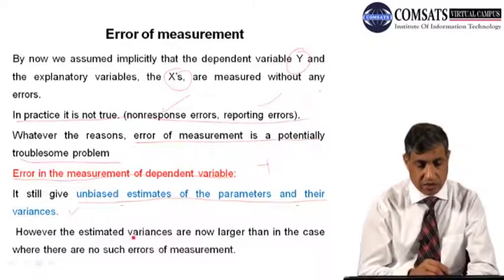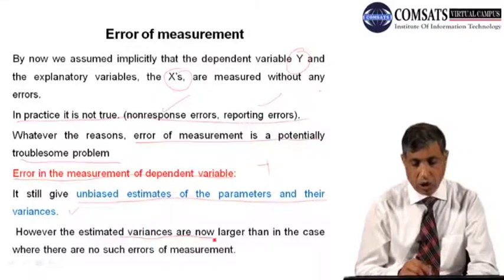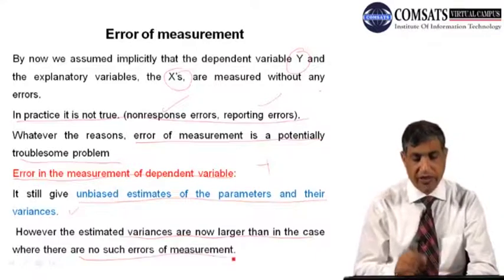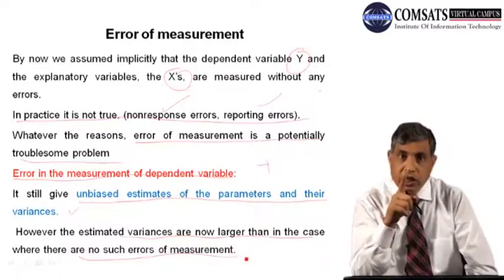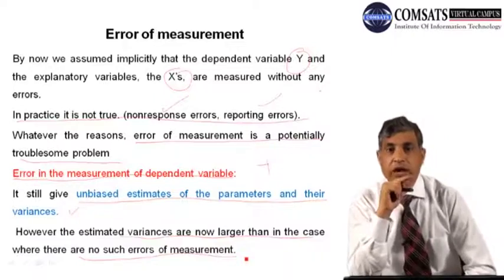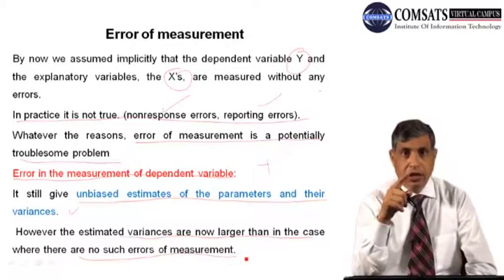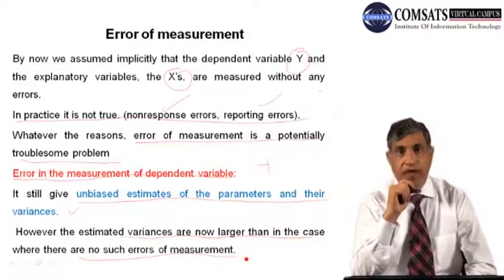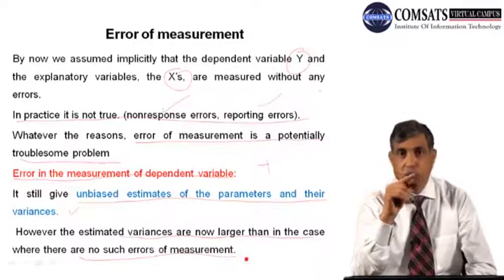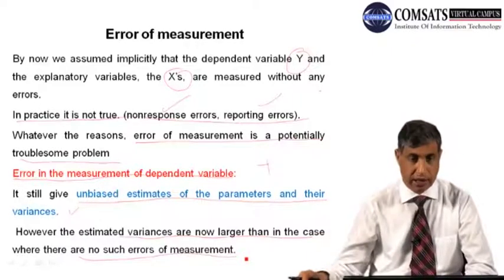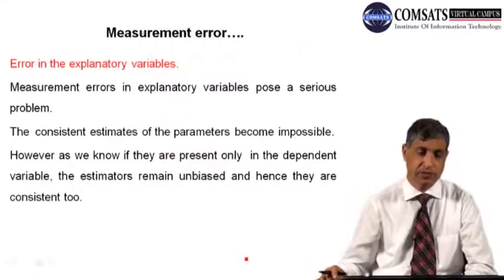However, the estimated variances are now larger than in the case where there is no measurement error. First you take no error in y and run OLS, and then you take measurement error in y. You will see a very small difference, that only the variances will become larger, and you know what its consequences are.